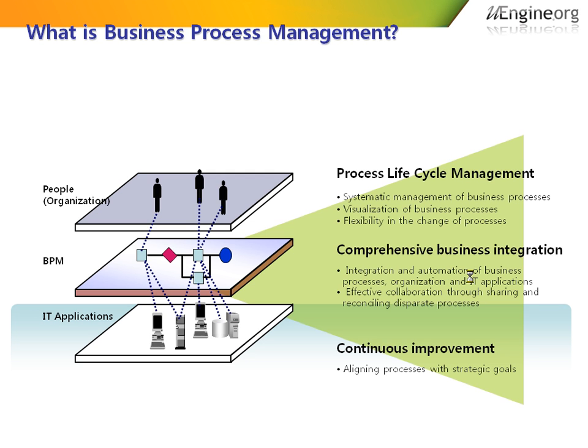So business process management is, so to say, process life cycle management, which is systematic management of business processes, visualization of business processes, and flexibility in changing processes, and which is a very comprehensive business integration. We can say it is the integration and automation of business processes, organization, and IT applications, which is very effective collaboration through sharing and reconciling disparate processes, as you can easily see on the left side of the page.